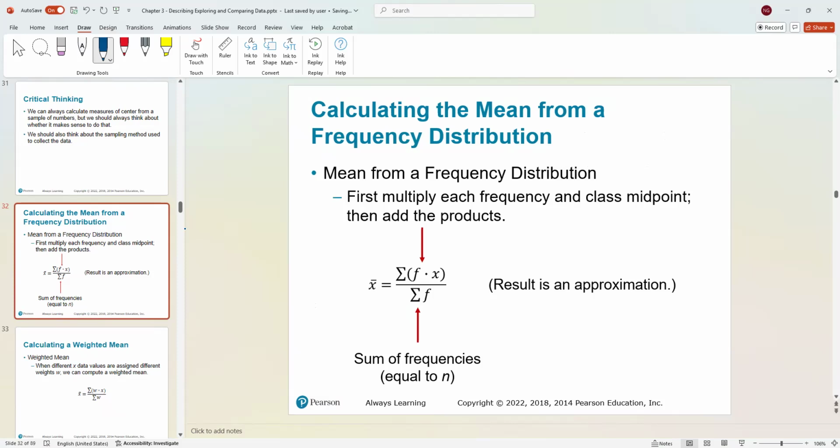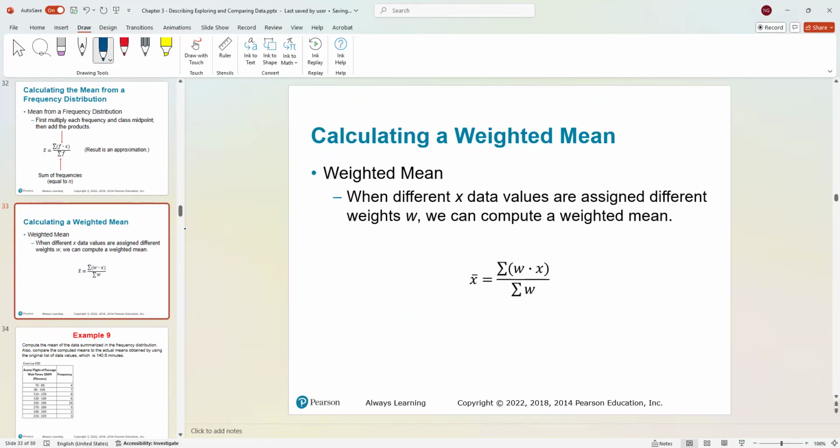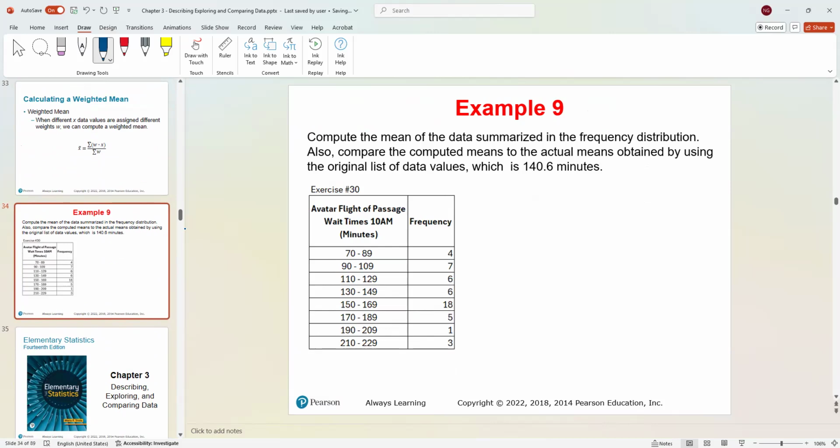First multiply each frequency and class midpoint, then add the products. There's also the weighted mean, when different x values are assigned different weights. So one more example that we can complete: what they ask you to do is compute the mean of the data summarized in the frequency distribution, and compare the computed mean to the actual mean obtained by using the original list.